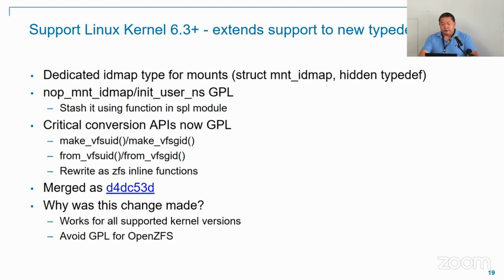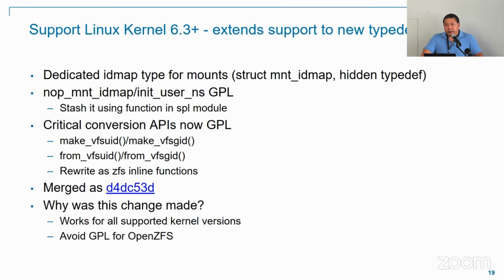The last one I did is about supporting the 6.3 kernel. Linux did something. They consolidated their ID map stuff and introduced a typedef which is hidden. Nobody can see its fields. It's a hidden typedef.